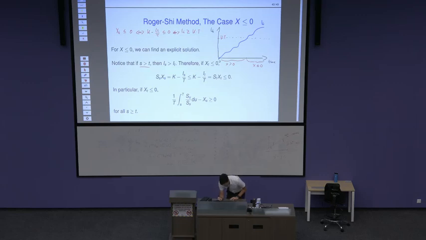So this means if XT is smaller or equal than 0, and we are looking at S times XS, by definition of X, this is just K minus IS divided by T, because X is just the same thing as on the right-hand side divided by S. Okay, and IS is larger than IT, so this means minus IS is smaller or equal than minus IT.